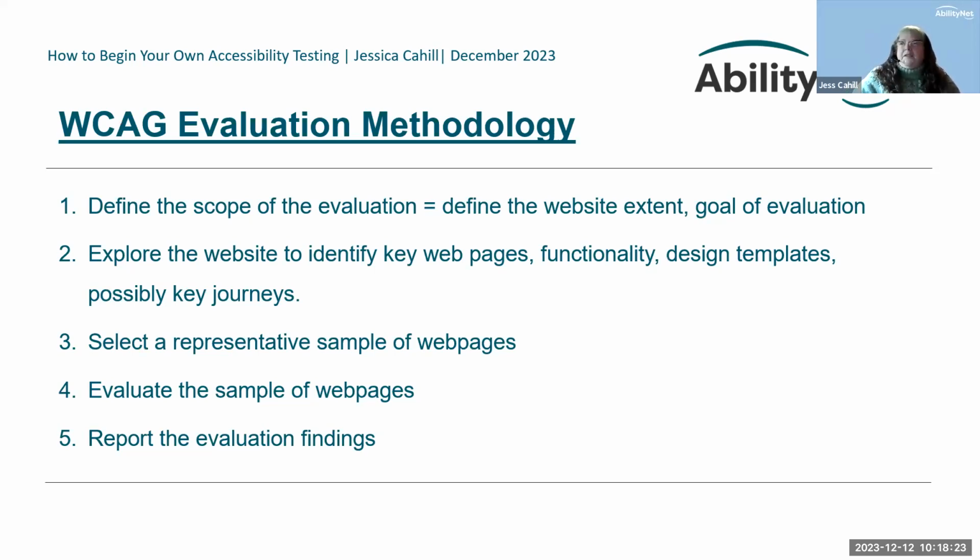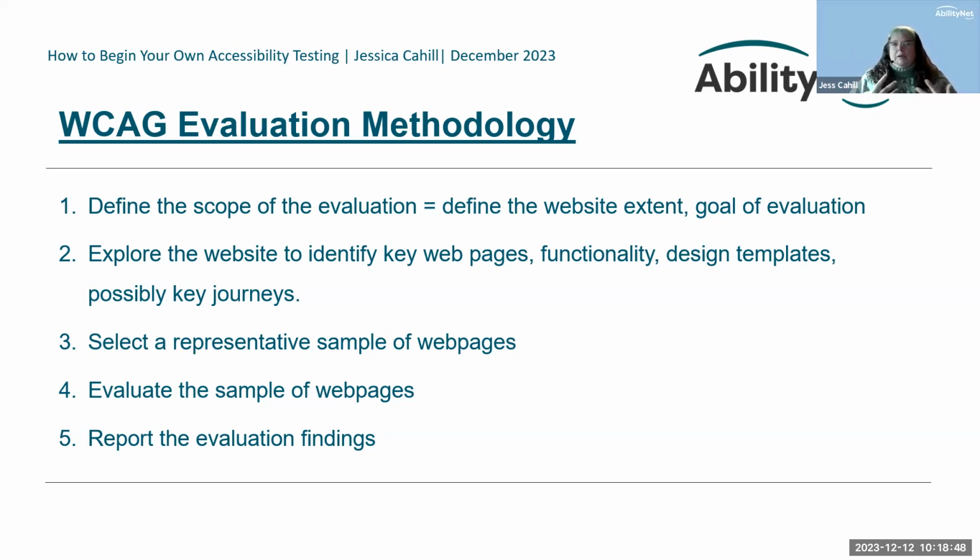So alongside the WCAG success criteria is the WCAG evaluation methodology. And this defines a 5-step process of how you can go about getting this representative sample. So we want to define the scope and then explore it to identify key pages, functionality, etc. If we start by defining the scope, this can be challenging if you've got a large website. How much of this website are we actually going to test at this point in time?